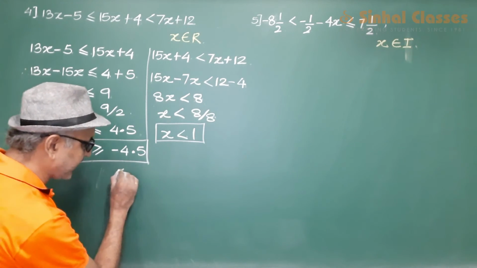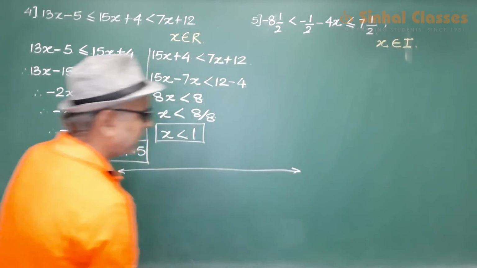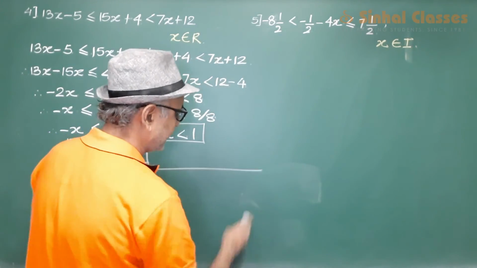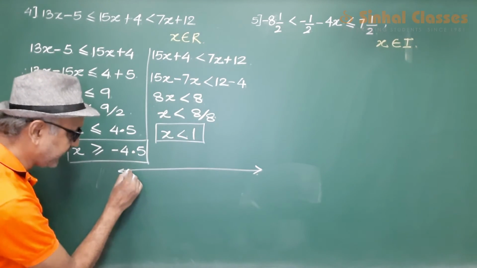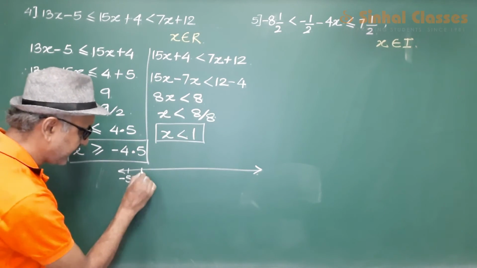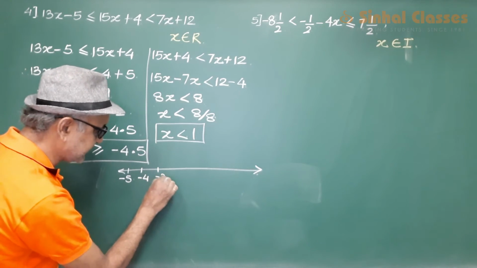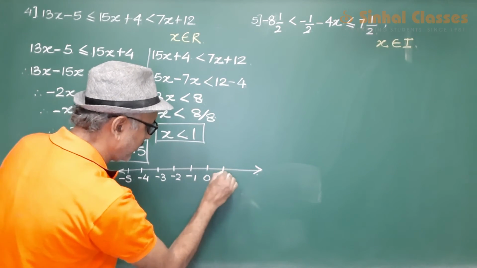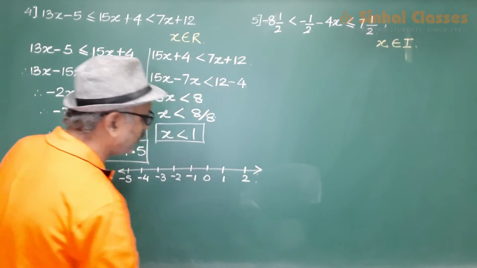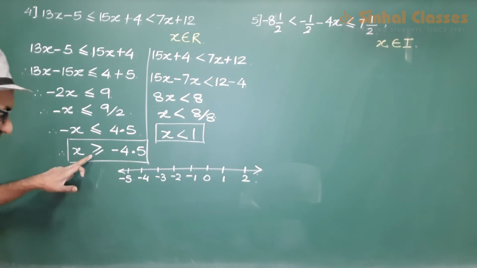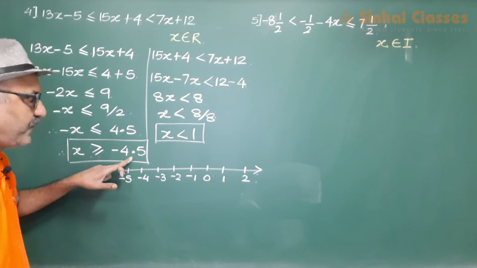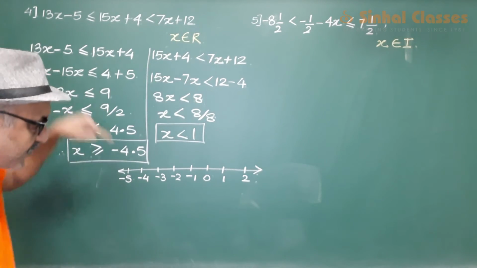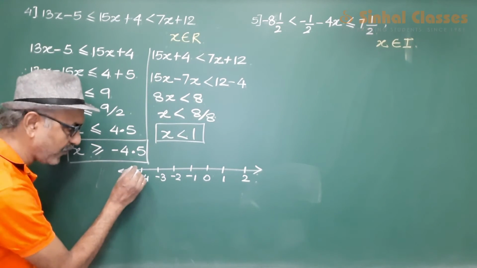So again, when you draw a number line, bachcho, what you will get here is, starting from minus 5, minus 4, minus 3, minus 2, minus 1, 0, 1 and 2. X is greater than or equals to minus 4.5. Now this is a replacement set of real numbers, so you have to actually start from minus 4.5.